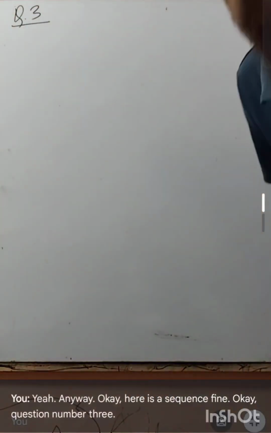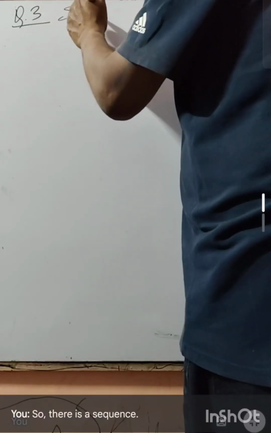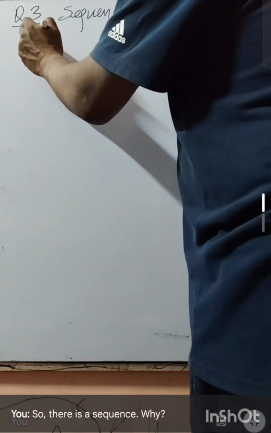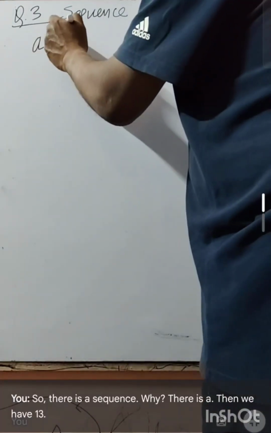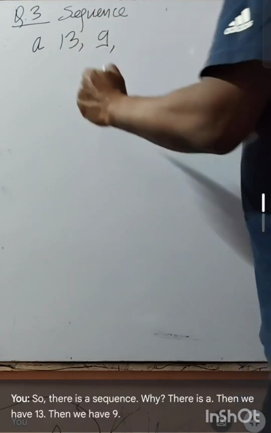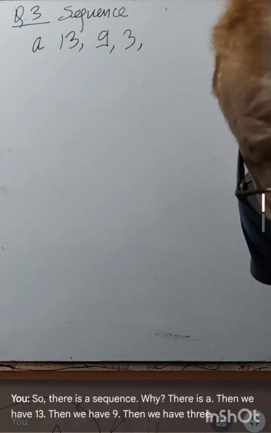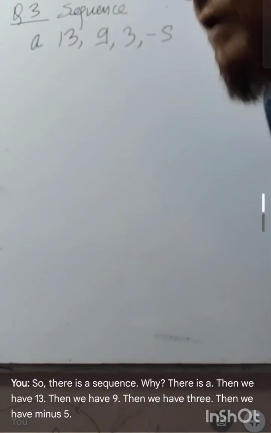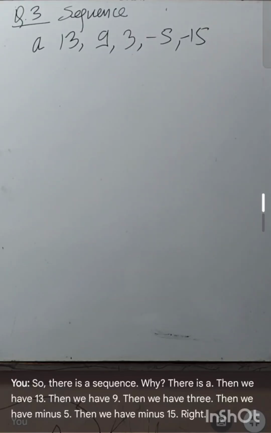Shreya, so there is a sequence: there is A, then we have 13, then we have 9, then we have 3, then we have -5, then we have -15, right? Then we have B.